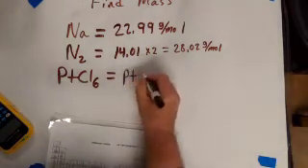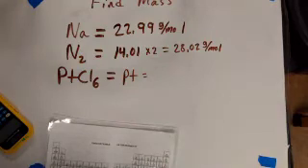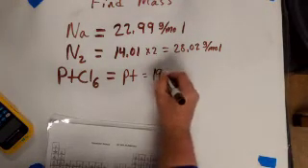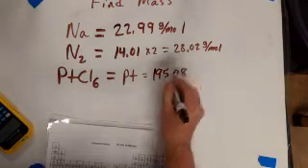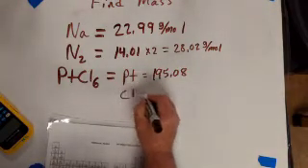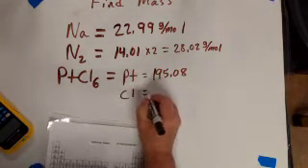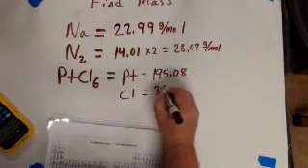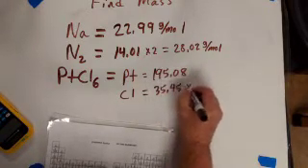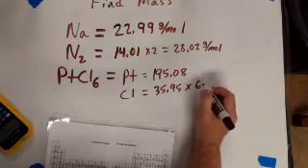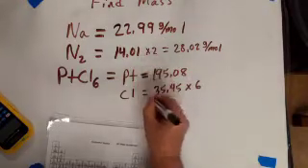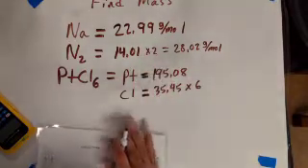chloride, an ionic substance, we're going to have to find the mass for each element. Platinum, there's only one atom, so we just write down 195.08. For chlorine, each chlorine atom is 35.45, but there are 6 atoms in each formula.